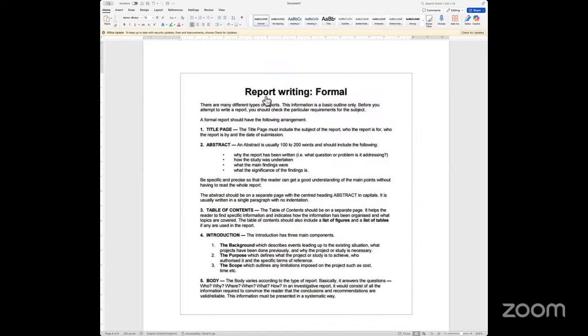Now, after you've done the headline, the second thing is that we are looking at writing a report of 250 to 350 words. The word limit for an article or a report is between 250 and 350 words. That means you're going to write about a page and a half.